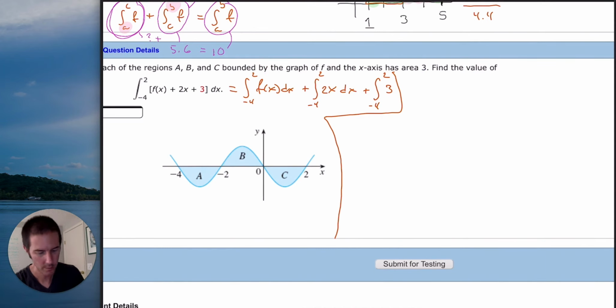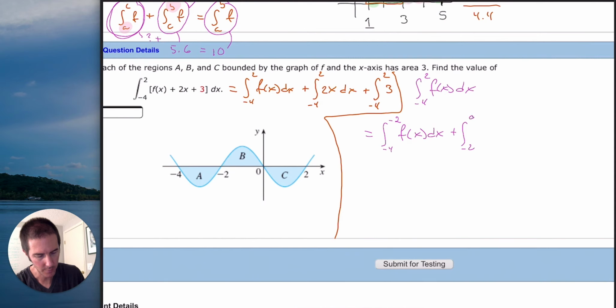Let's go for it. The integral from -4 to 2 of f of x dx equals the integral from -4 to -2 of the function dx plus the integral from -2 to 0 of our function plus the integral from 0 to +2 of our function with respect to x.